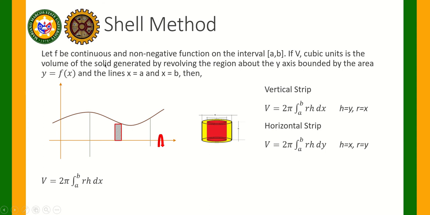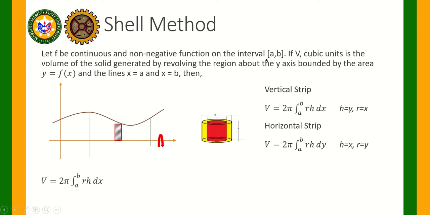So yung shell method natin, let f be continuous and non-negative function on the interval a, b. If v cubic units is the volume of the solid generated by revolving the region about the y-axis or about the x-axis, bounded by the area y equal to f of x and the lines x equal to a and x equal to b.